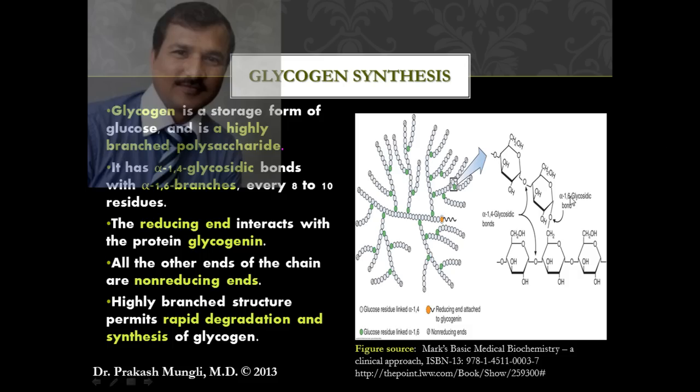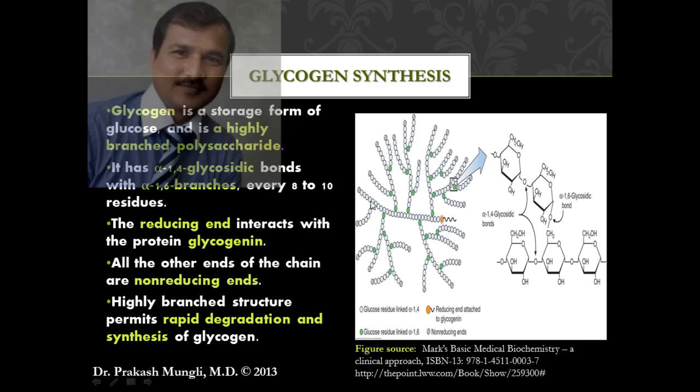In our glycogen, there will usually be one alpha 1,6 glycosidic bond, giving rise to a branch point, for every 8 to 10 glucose residues.